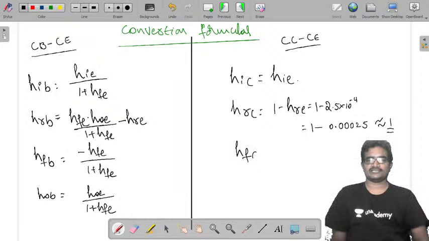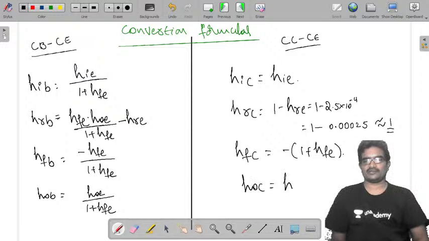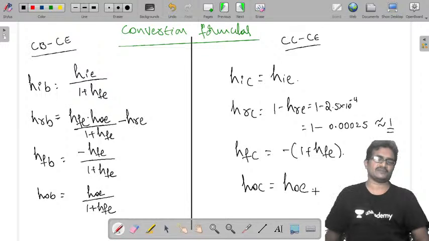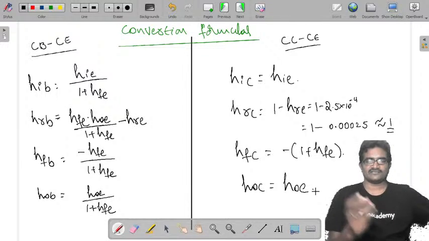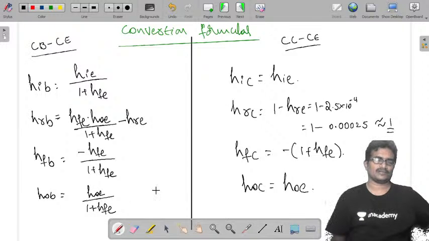Next, HFC is minus of 1 plus HFE and HOC is HOE. These are the conversion formulas from one H parameter to another H parameter. You may expect these formulas also directly.